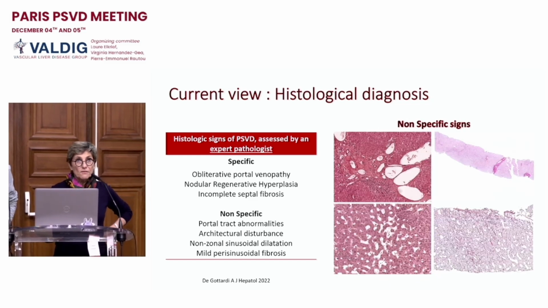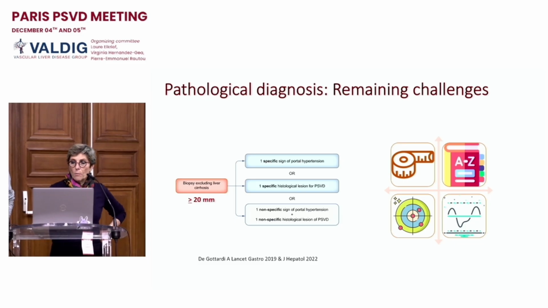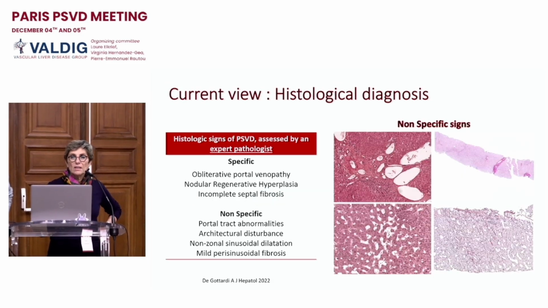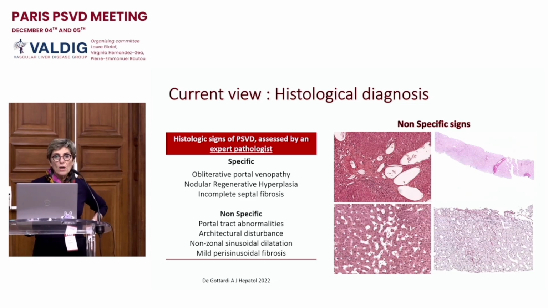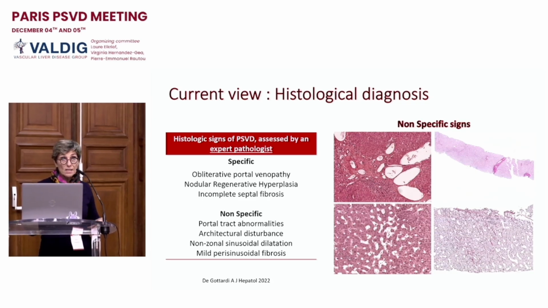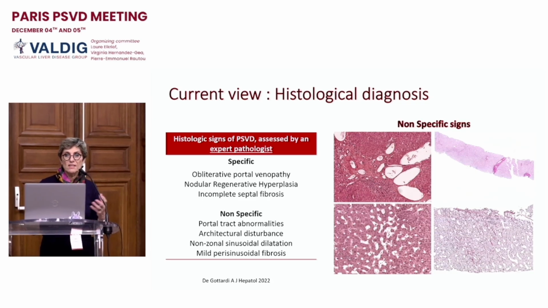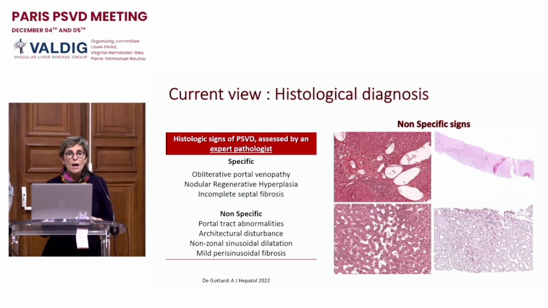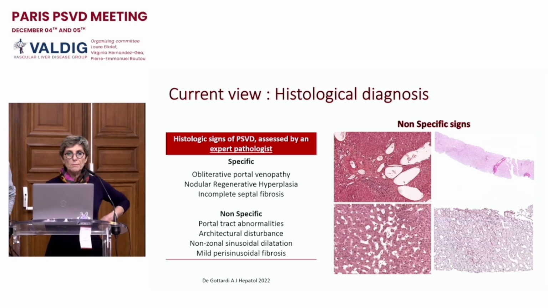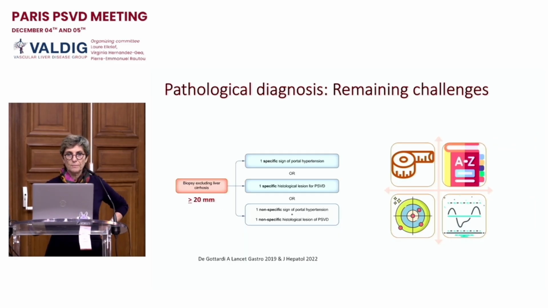The non-specific features are observed both in the portal tract and in the lobular area, with portal tract abnormalities: numerous vessels, dystrophic vessels, dilated vessels, architectural disturbance, also non-zonal sinusoidal dilatation, and mild perisinusoidal fibrosis.